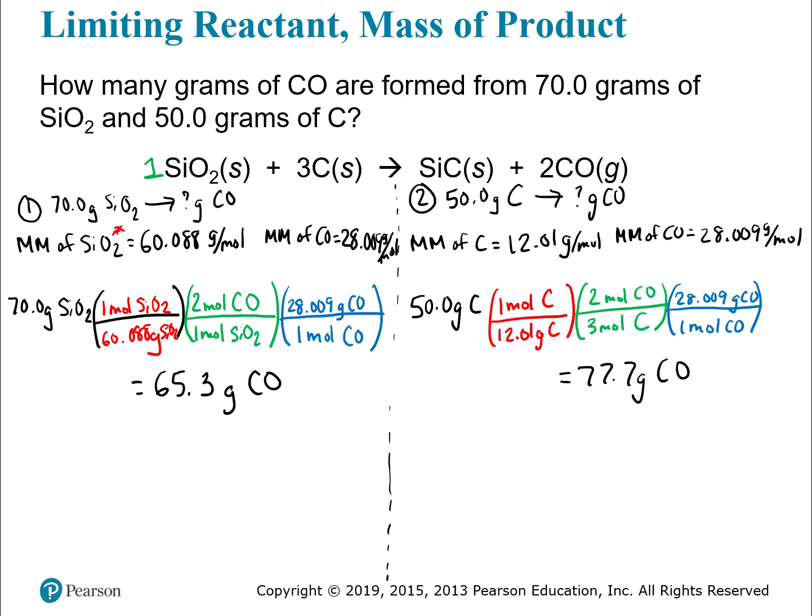You choose the one that's got the least amount of product formed. That's going to be 65.3 grams of carbon monoxide. If the question asked which reagent is the limiting reagent, we would say silicon dioxide is limiting.